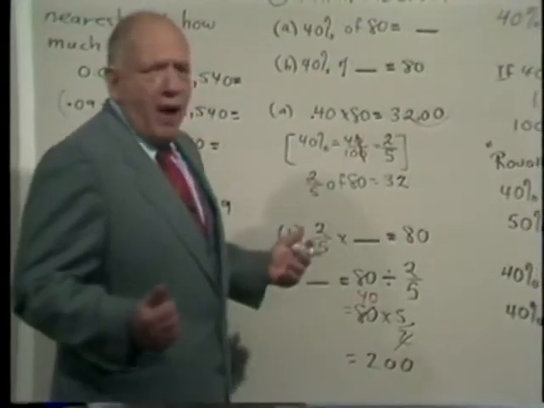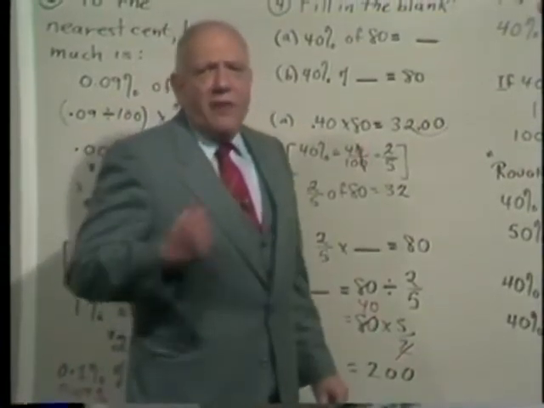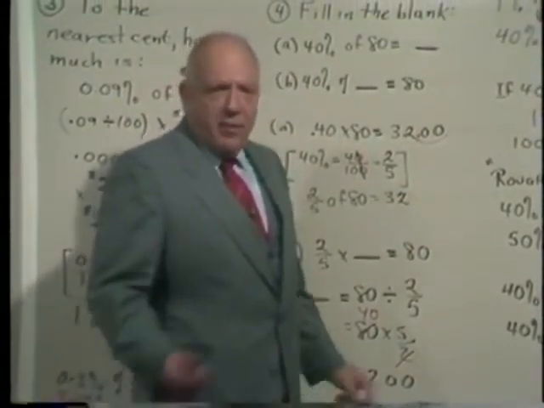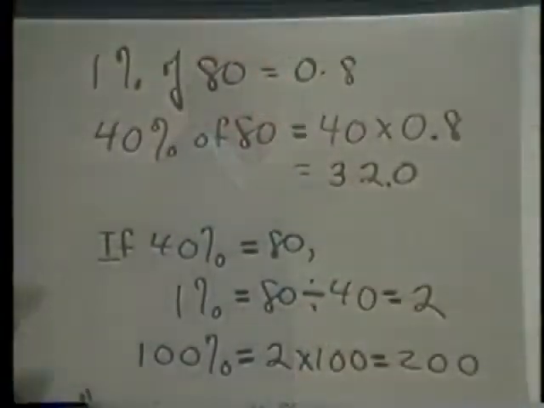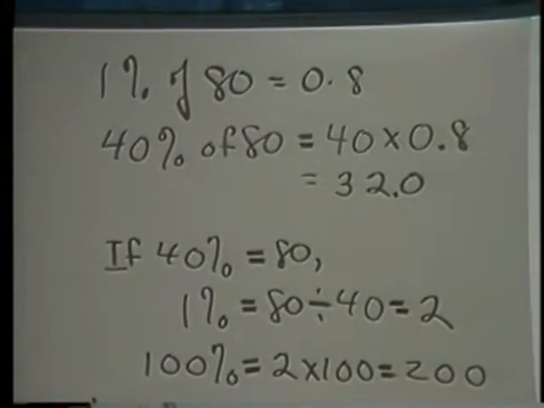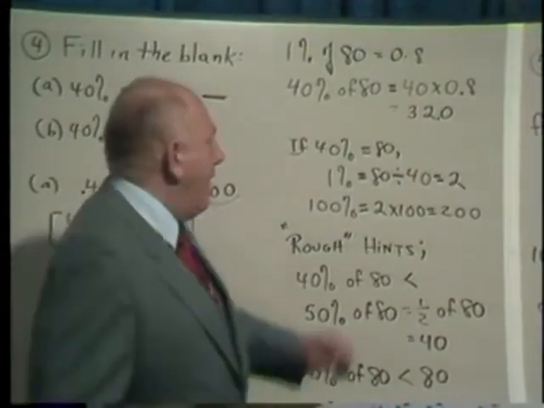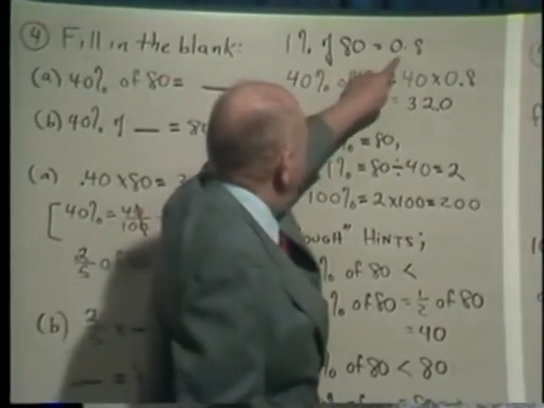And you can do these problems other ways. I don't want you to think you have to do the problem this way. I don't know every possible way of doing these problems. Let me just show you a couple more. See, 1% of 80, the easiest way to find a percentage is find 1%. Because to find 1% of a number, you just move the decimal point 2 places to the left. So 1% of 80 is 0.8.